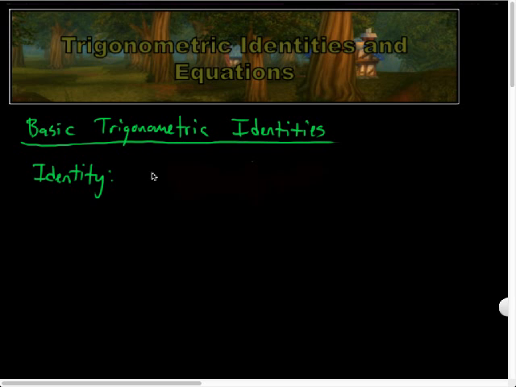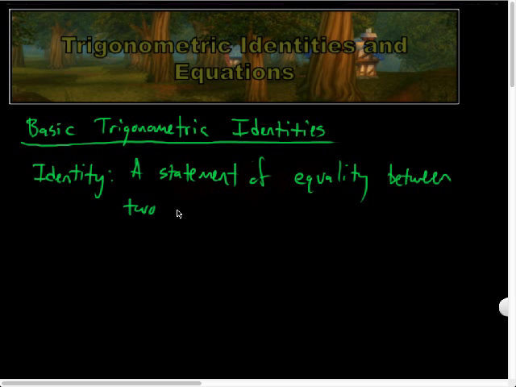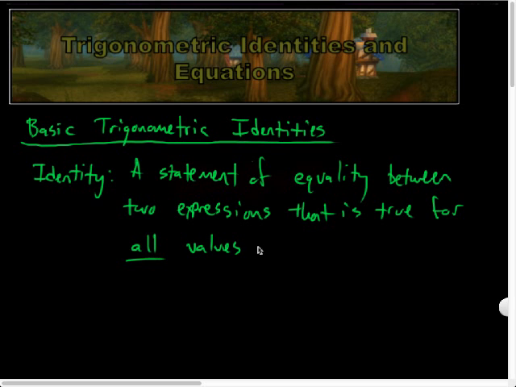So an identity is a statement of equality between two expressions that is true for all, all underlined, super key word right there, all values of the variable(s).